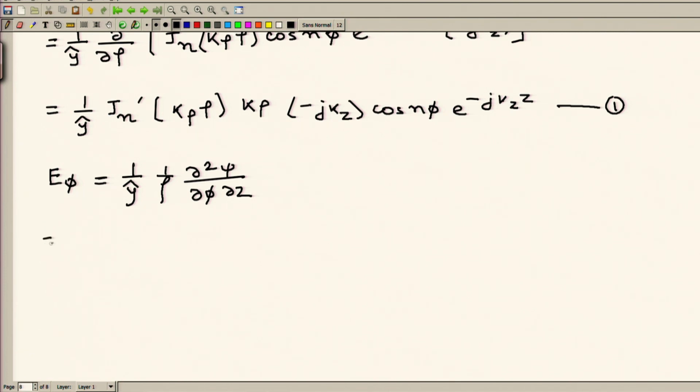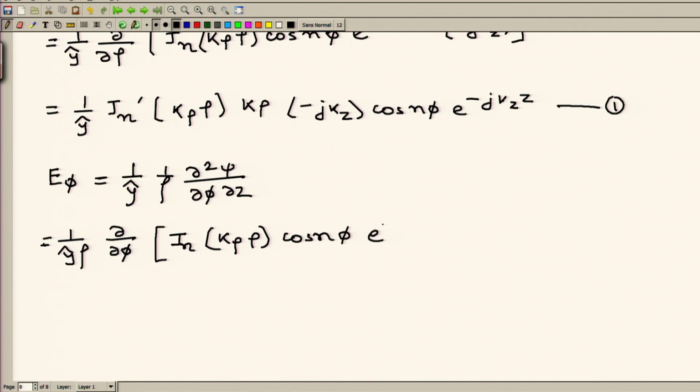So, this will give us 1 upon y cap rho del phi of, at first with respect to z, Jn k rho cos of n phi e to the power minus j k z z, minus of j k z.